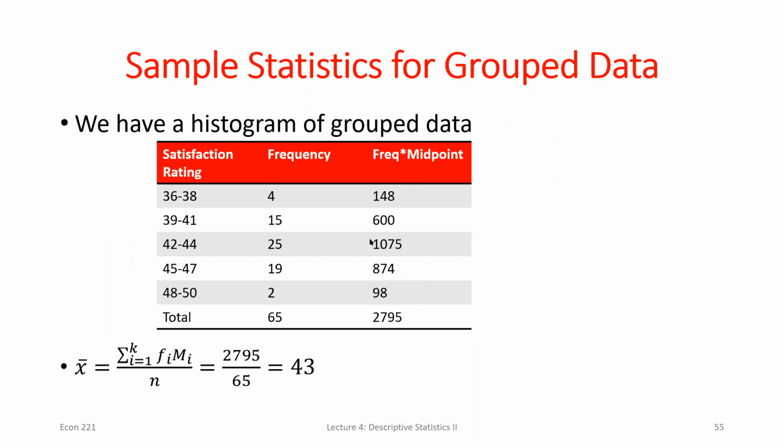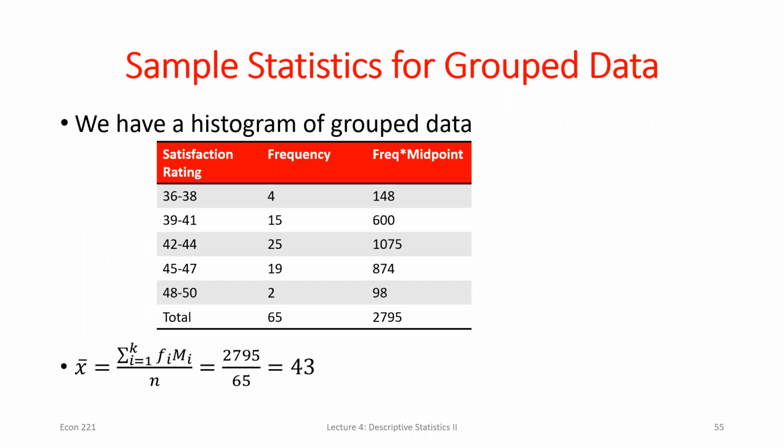Once I do that, I'll add them all up. That represents my numerator. I'll then add up all my frequencies. That should give me the total number of observations in the original data before it was grouped, and I'll plug that into my denominator. The numbers worked out nicely here. It ends up being exactly 43. There's probably a reason why I chose these numbers to make the math a little bit easier. Okay.